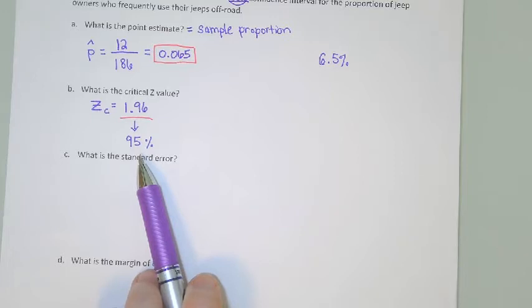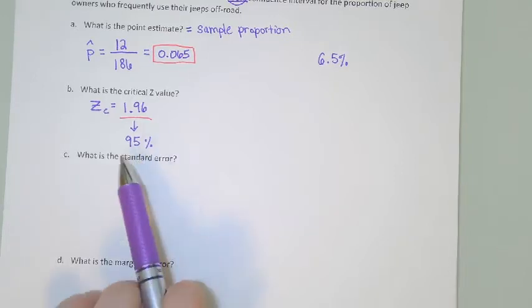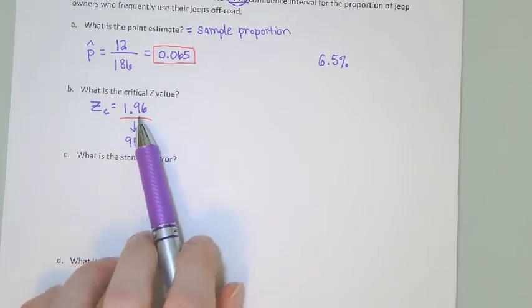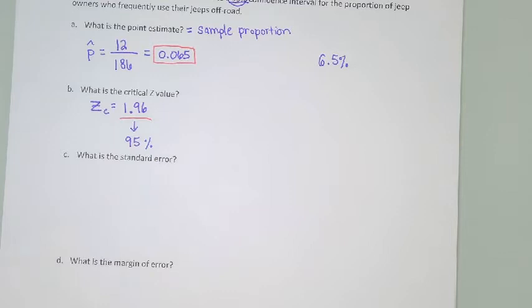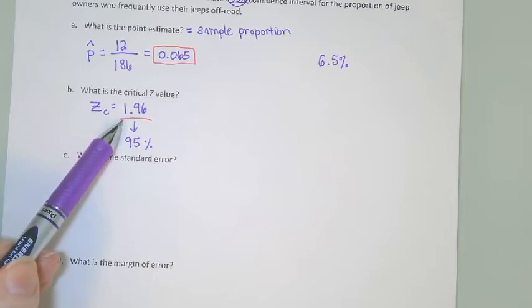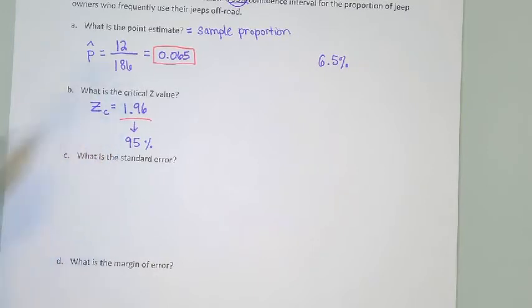The actual approximate value is 1.96. The empirical rule just rounds it to 2 to make it easy to work with. So, more precisely, 95% of the sample proportions are going to be within 1.96 standard errors of the population proportion.